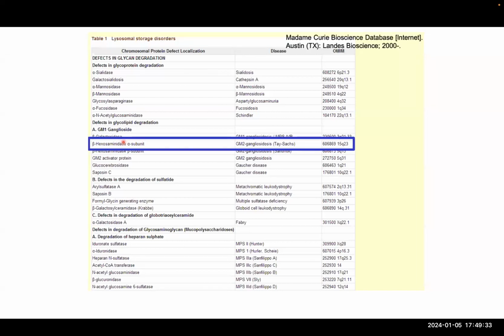Tay-Sachs, if you remember, was a disease that affected children in young infancy. It was invariably fatal. The reason it exists is that this person cannot break down certain compounds. They're missing a particular enzyme, and because of it, they cannot break down certain kinds of compounds. So the lysosomes fill up, and that becomes a fatal disorder.